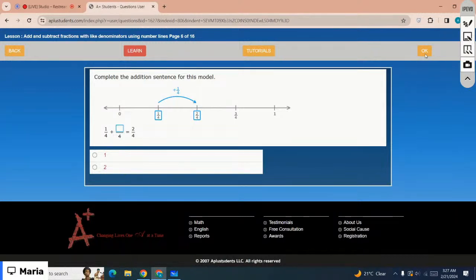So which is the correct option? Yes, that is 1 by 4 plus 1 by 4 equals 2 over 4.